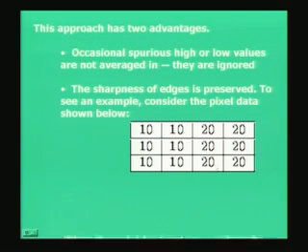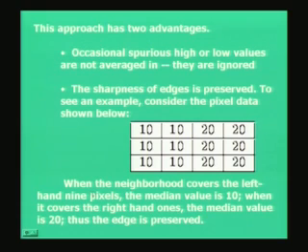To preserve that, what median filtering does: when the neighborhood covers the left hand 9 pixels, the median value is 10, and when it covers the right hand ones, the median value is 20, and hence the edge is preserved.